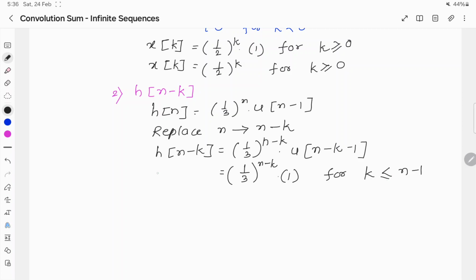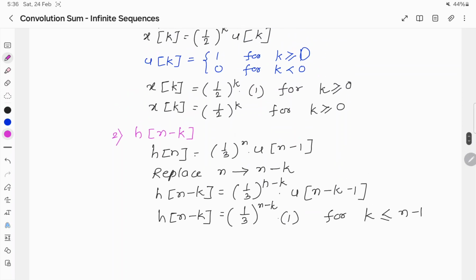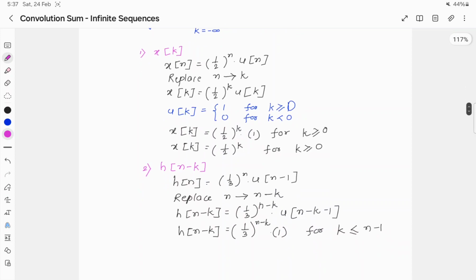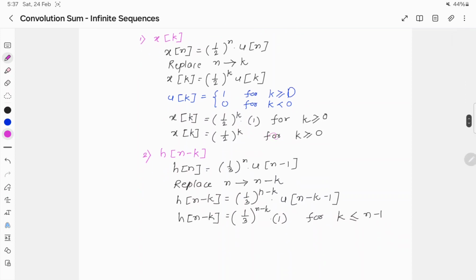Now this is what the required representations are: in the base equation of convolution sum we want x of k and h of n minus k. So we have obtained these equations with the corresponding limits of k. In the first case, we get the limit of k as k greater than or equal to 0.